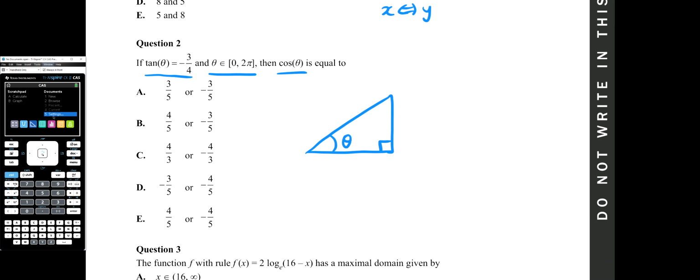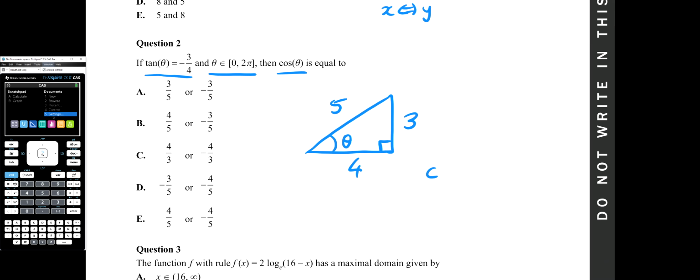We see that tan is negative 3/4. We're going to ignore the negative for the moment and just look at the side lengths. If tan is 3 over 4, that's opposite over adjacent, so opposite 3, adjacent 4. Using Pythagoras' theorem, that's pretty straightforward. We'll get 5. Or you just need to know that we have a 3, 4, 5 triangle.